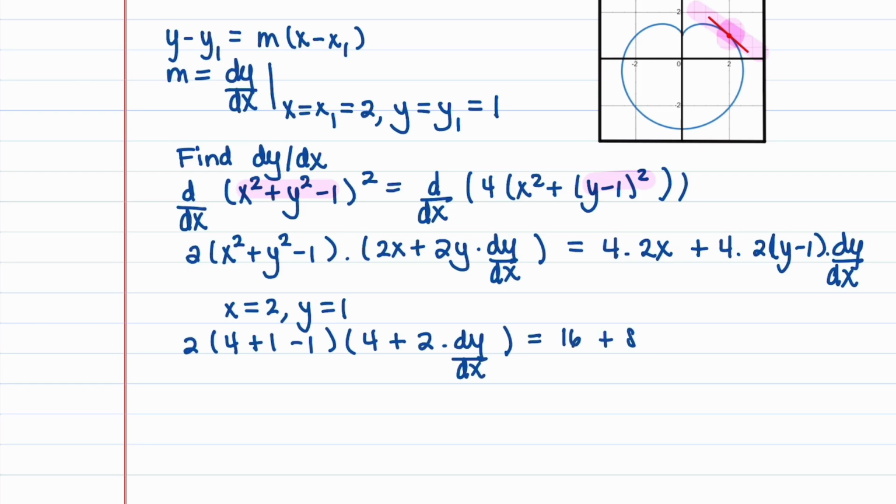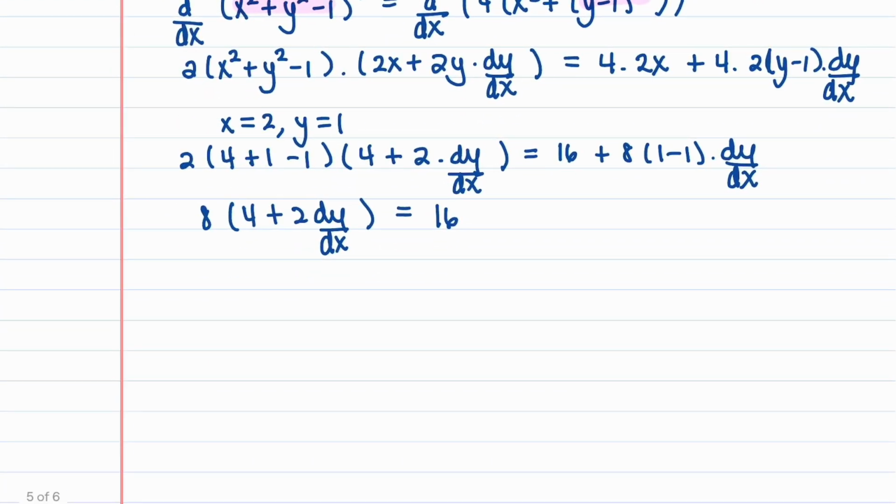And then we have an 8, and y minus 1 is actually 1 minus 1, so that's going to be 0 times dy dx. Let's see what we have on our left-hand side. We have an 8 times 4 plus 2 dy dx. And then on our right, we only have 16.